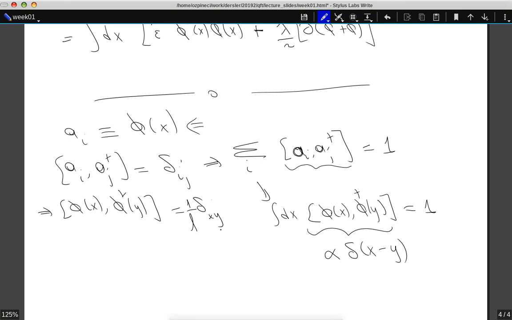So that it diverges. But that tells me that the identification of the annihilation and creation operators is not really a_i equal to phi of x, but a_i is 1 over square root of L of phi of x.